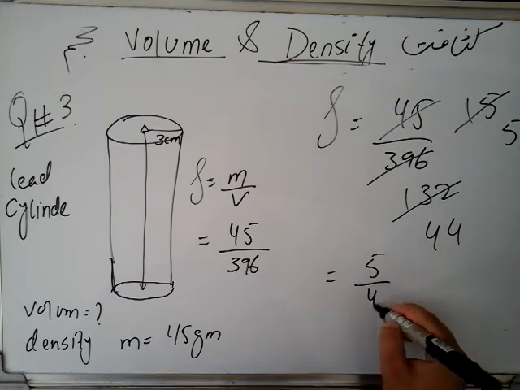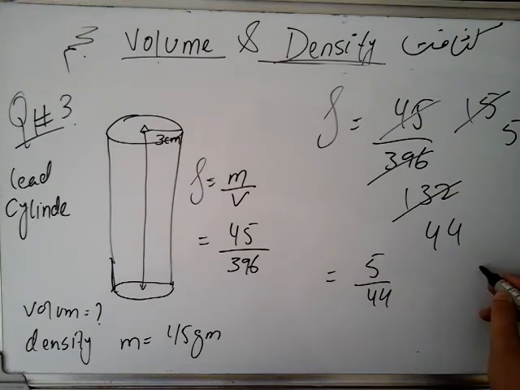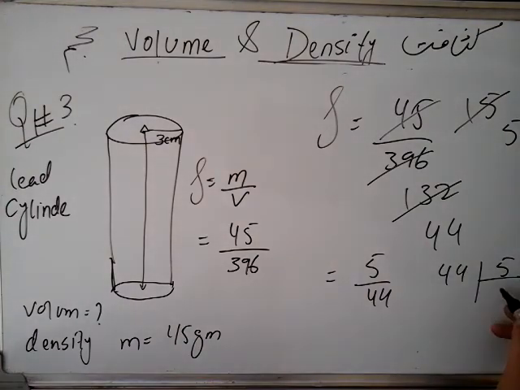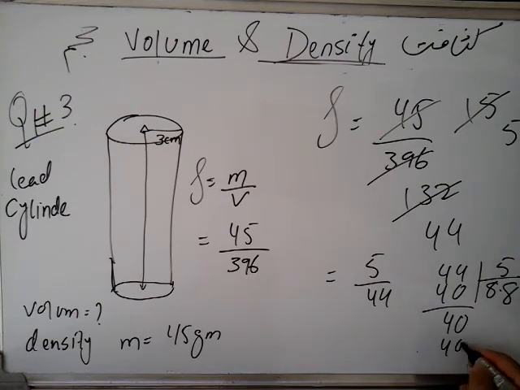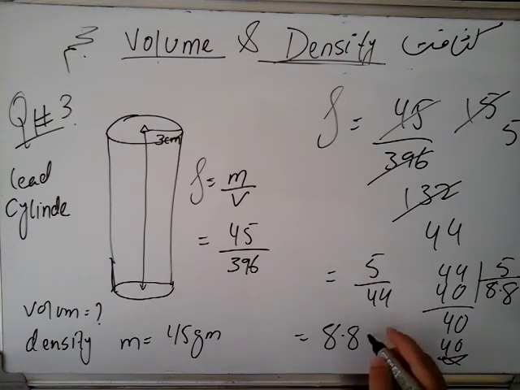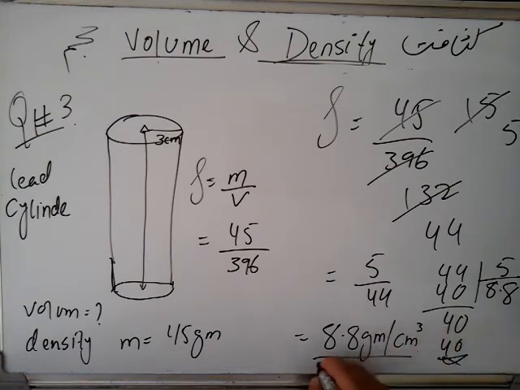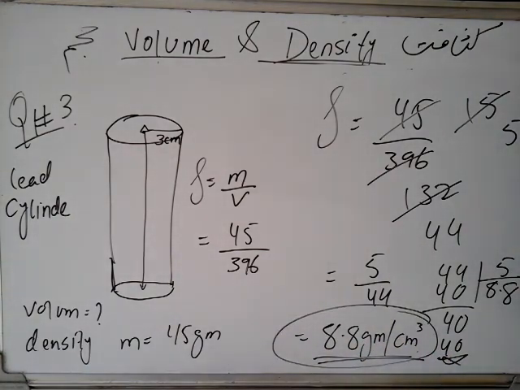So 5 over 44, and if we divide the value of this, we will get 8.8. Okay, we will get the value 8.8 gram per centimeter cube, density of lead. Okay, so this is the answer of this.